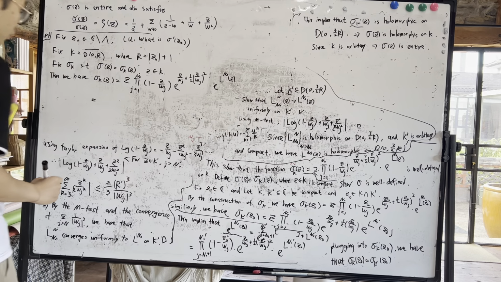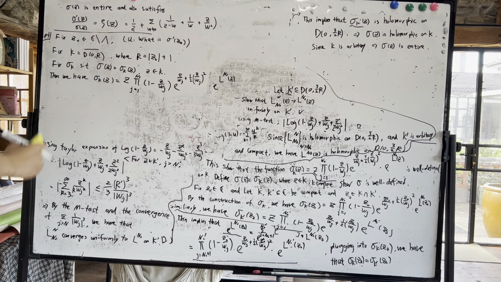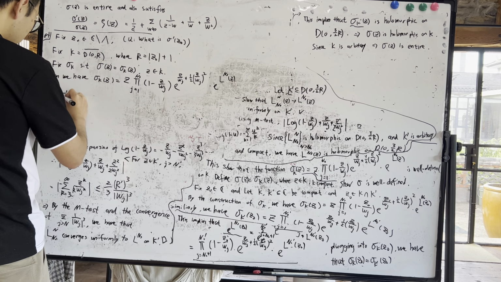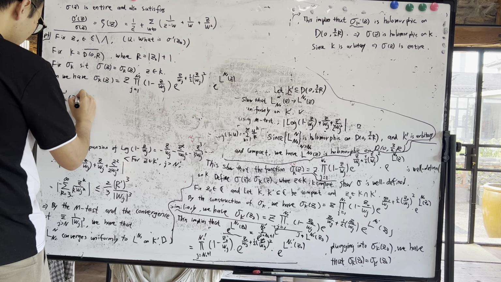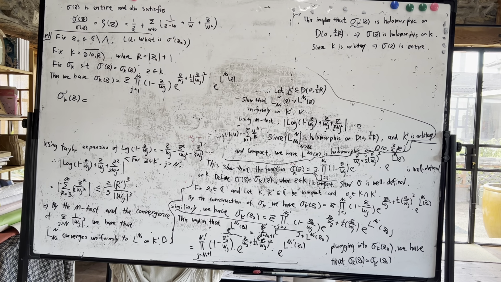So this is equal to, okay, so now we take the derivative, right? So now sigma prime k at z. So what happens if we take the derivative of this guy?